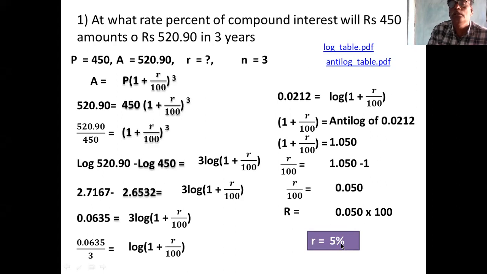Rate of interest is 5%. In this way, you calculate r value. If the rate of interest is not given in the problem, this is the way of calculating rate of interest.